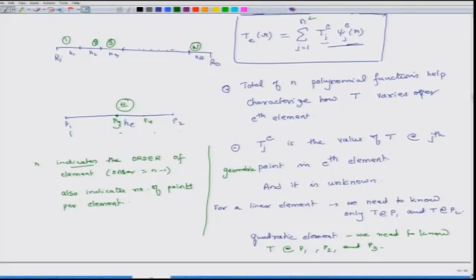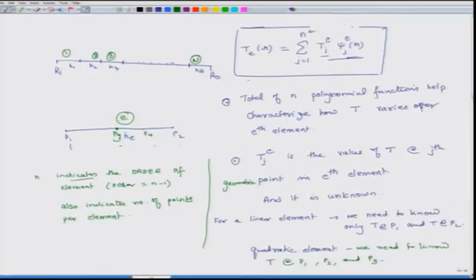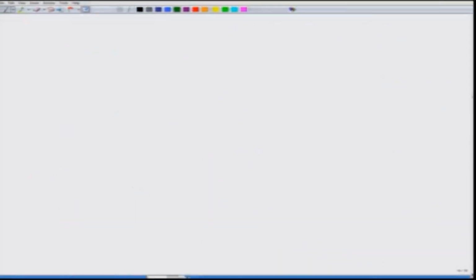Now, what do we do with these things, this equation? T^e(r) is equal to summation of T_j^e psi_j^e(r), with j from 1 to n. This is for the eth element.